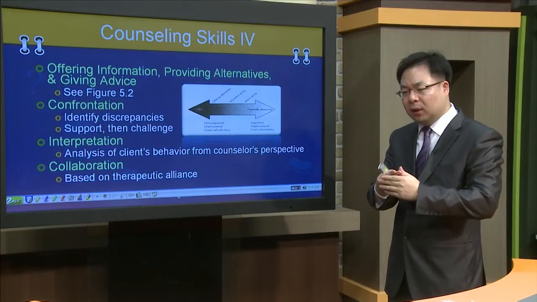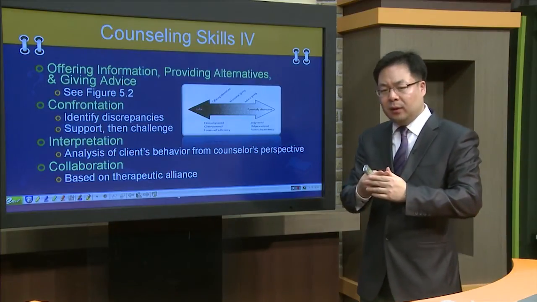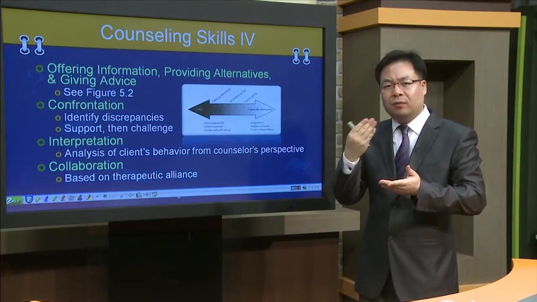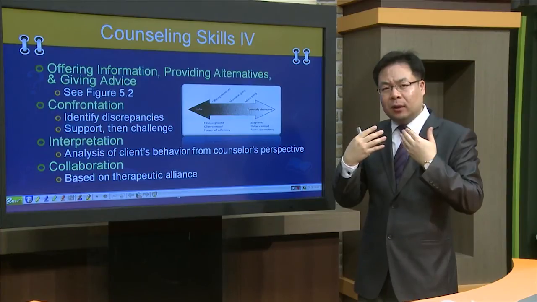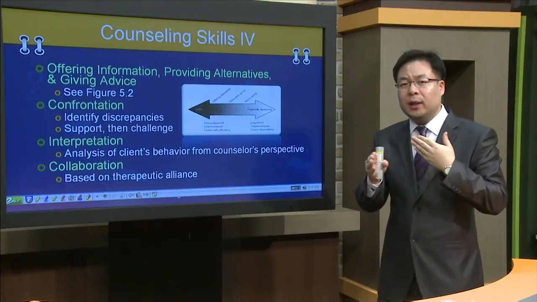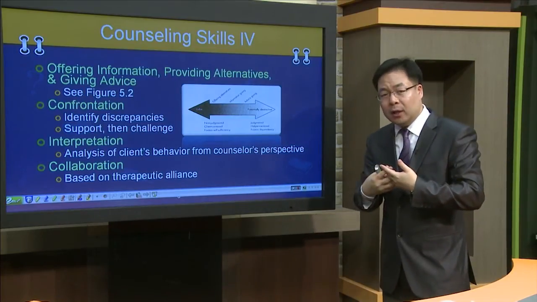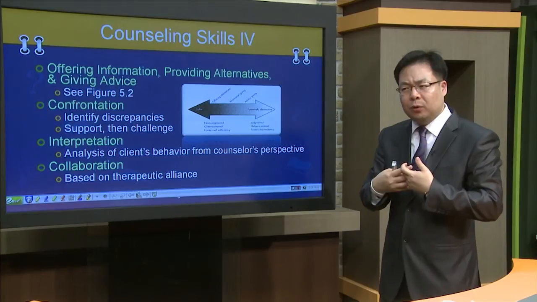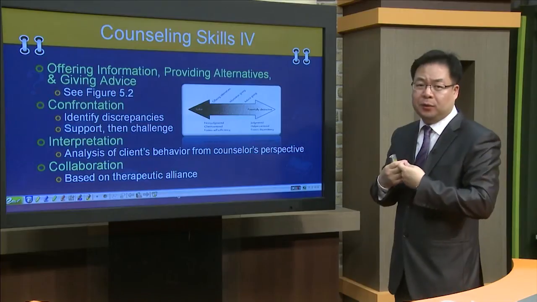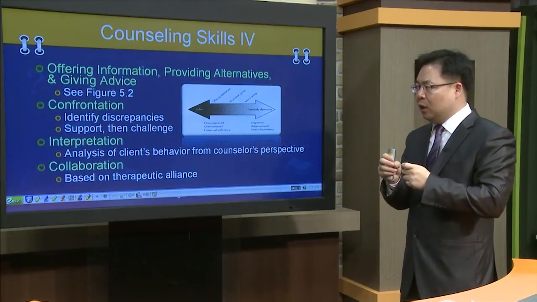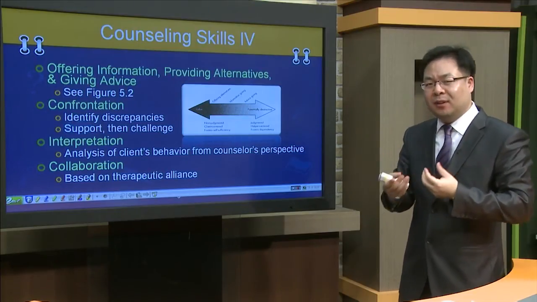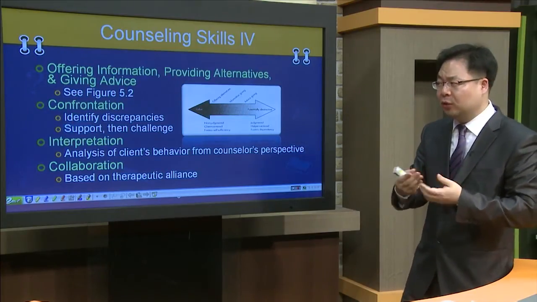For example, if the client is telling a pretty sad story, but we see that the client's face doesn't show negative feeling, we see the discrepancy, the difference and incongruence, and we can ask, well, you are telling a pretty sad story, and I feel the same way, but I don't really see that sad feeling on your face. That is a confrontation. But we have to be careful in using it, because confrontation may increase client resistance.